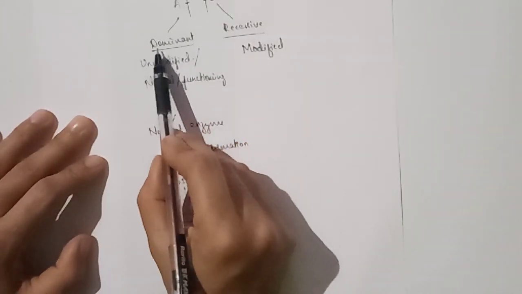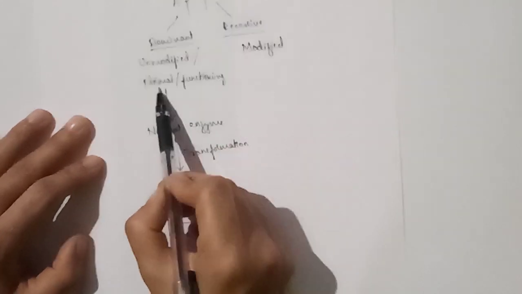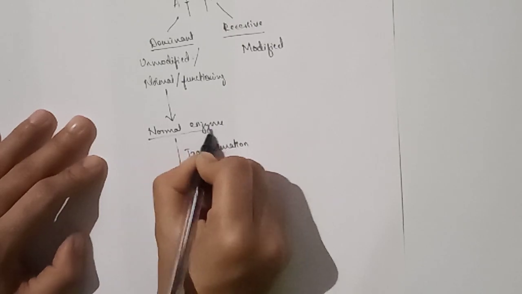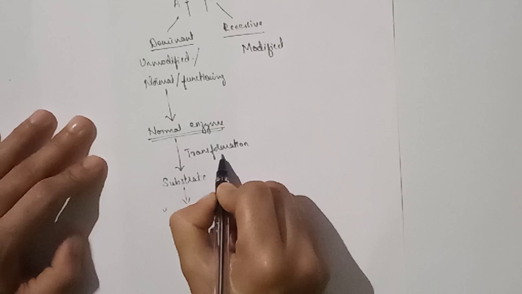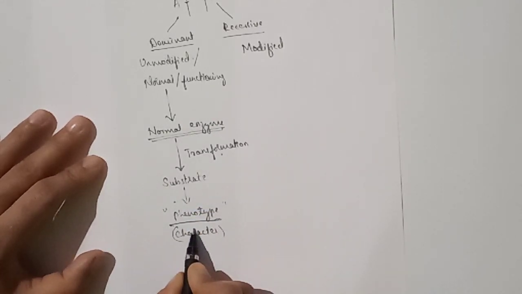So the dominant, or unmodified, normal or functioning allele is responsible for the production of a normal enzyme that is needed for the transformation of a substrate into a phenotype.